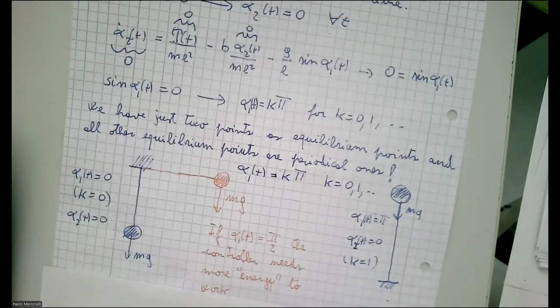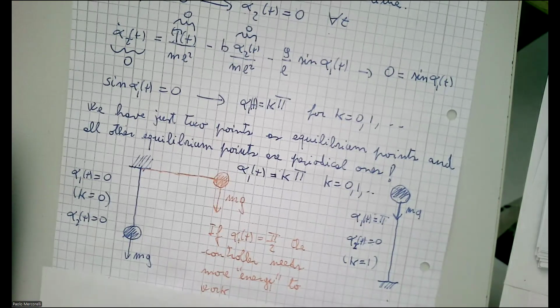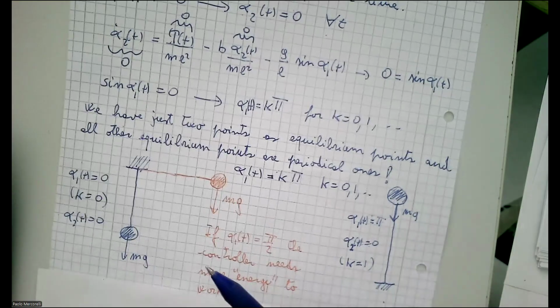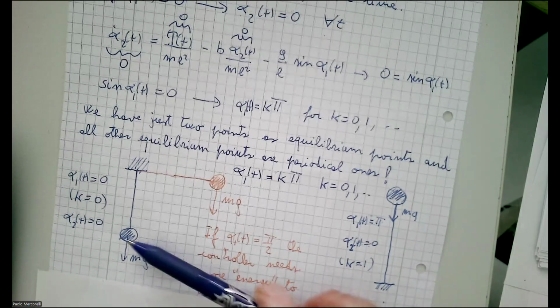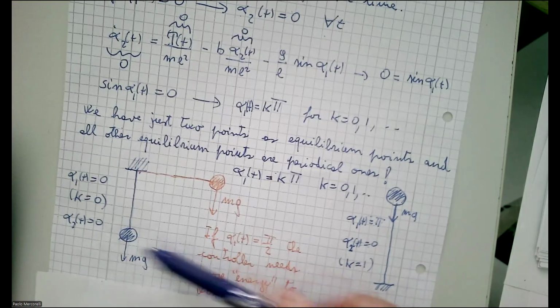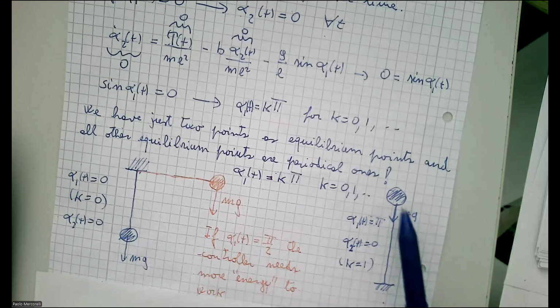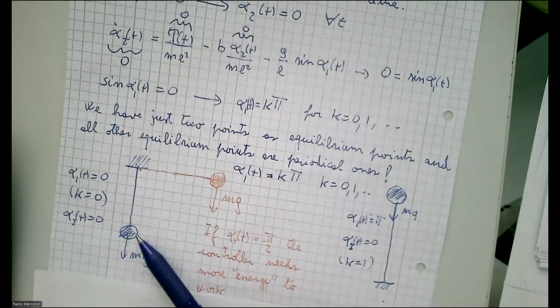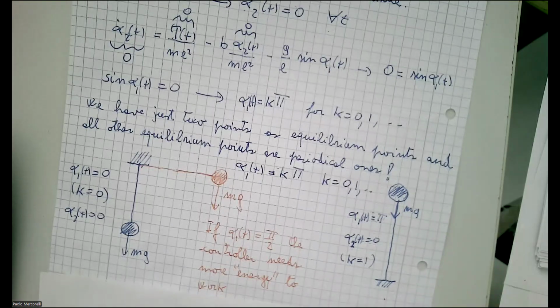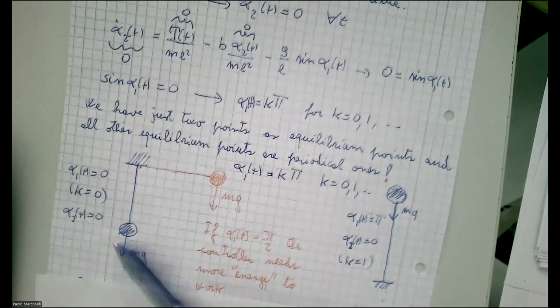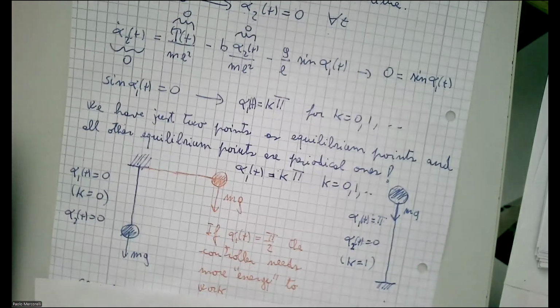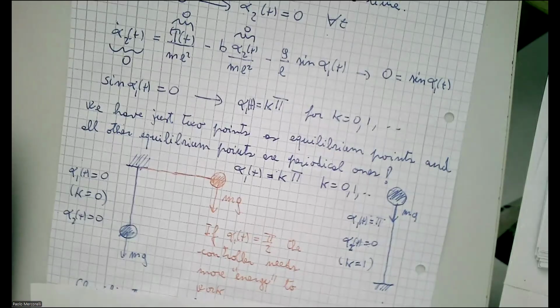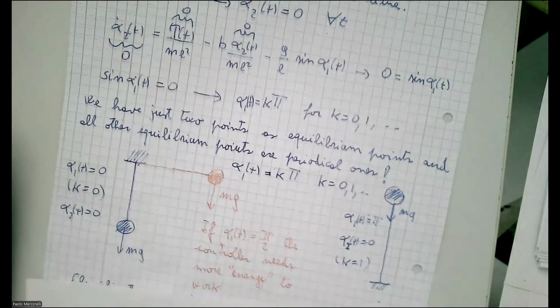But of course, we can intuitively think that we have a difference between the two. If I move a little bit from this one, I will come back to the equilibrium point. If I move a little bit from this equilibrium point, again, alpha 1 pi, alpha 2 pi, I go far away and I will end up in this one. Now is the second argument of today: to analyze or characterize the equilibrium points. Look at this remark in red.